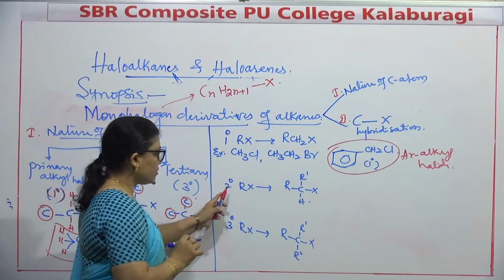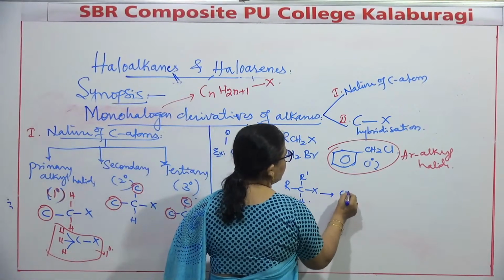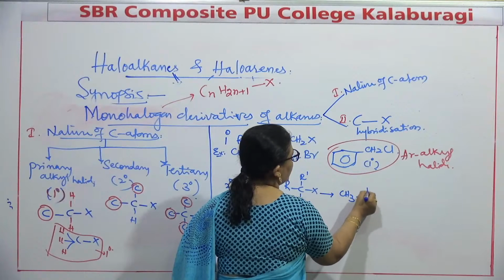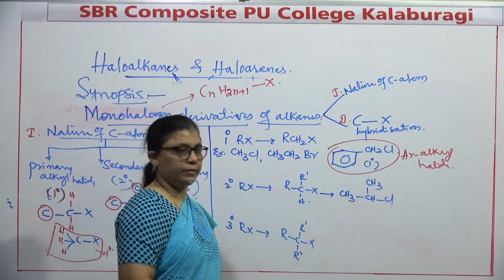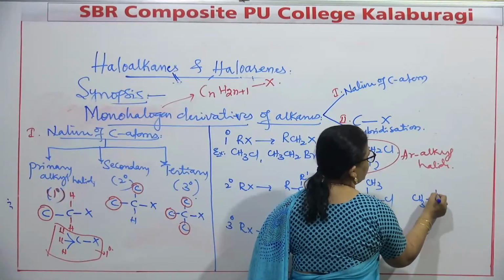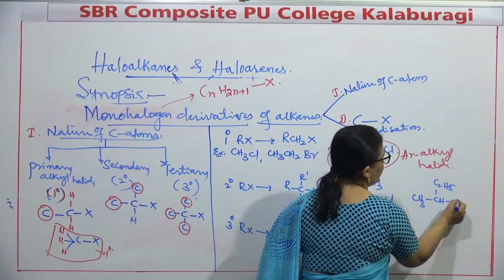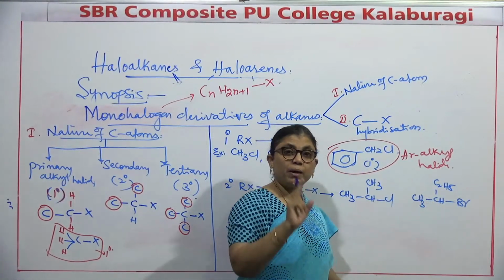When we are dealing with secondary examples, CH3CHCH3Cl, isopropyl chloride. C2H5 also we can write. It doesn't mean that R and R dash must be same, they may be same, may be different.